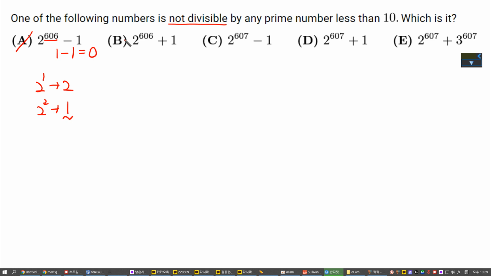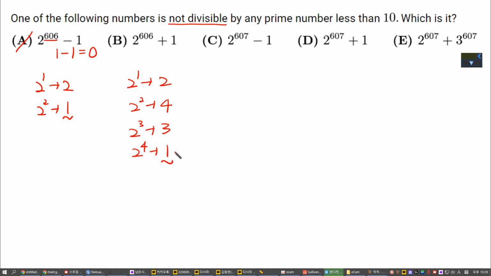In the case of B, it's not a multiple of 2 and not a multiple of 3, because 1 plus 1 is 2, so the remainder is 2 when divided by 3. So we can test the next prime number, 5. If we only look at the last digit, when 8 is divided by 5, the remainder is 3.